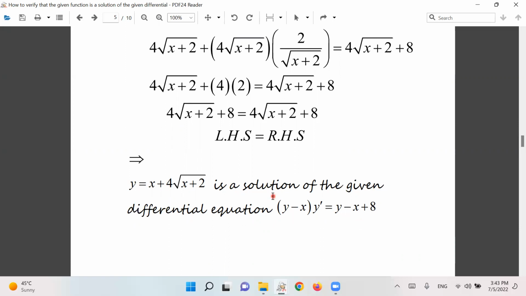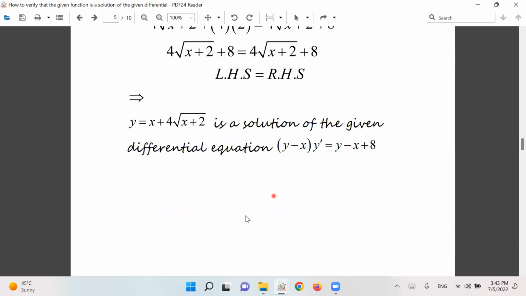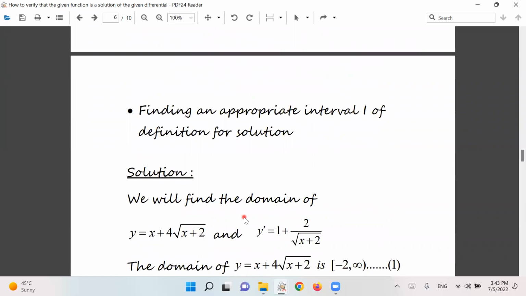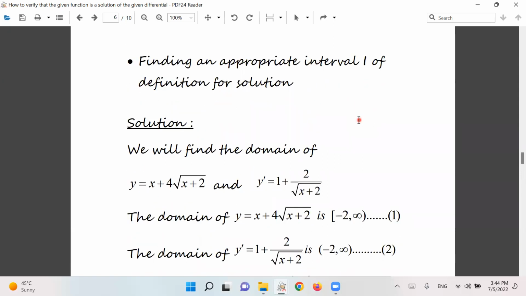So after proving that it is the solution of the given differential equation, the second part is that we have to find the appropriate interval I of the definition of the solution. Since we have proved that it is the solution of the differential equation, now we have to find the interval I. In order to find the interval I, we have to find the domain of y and the domain of y dash.